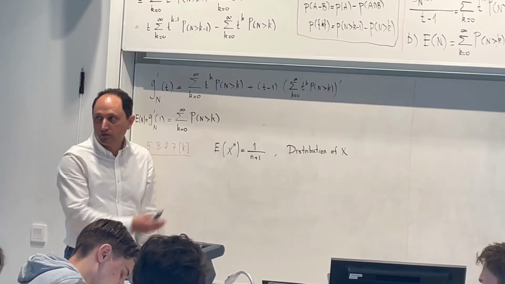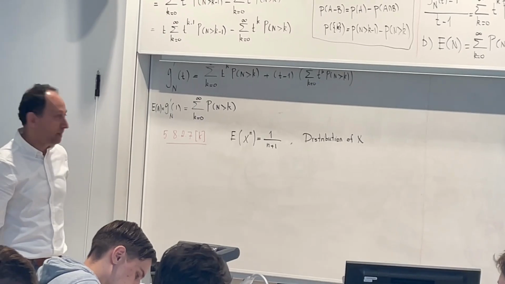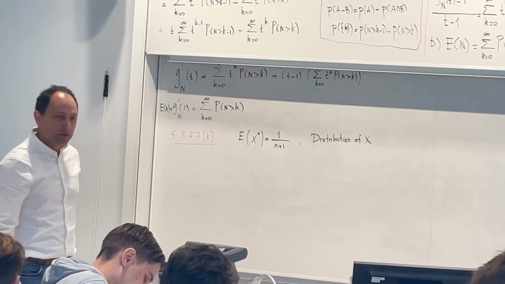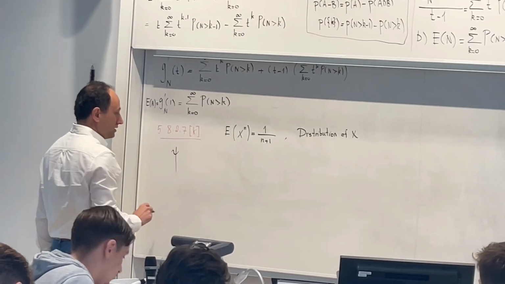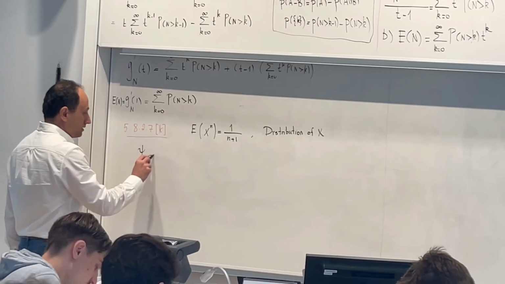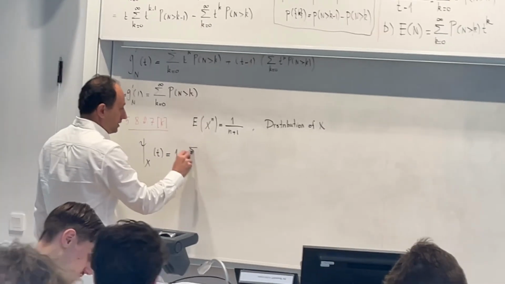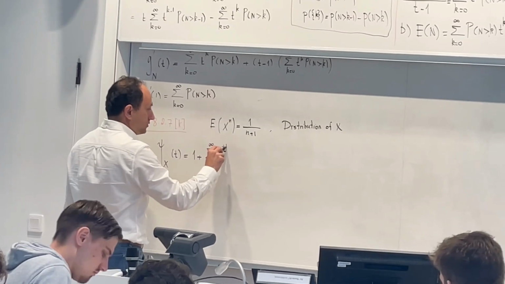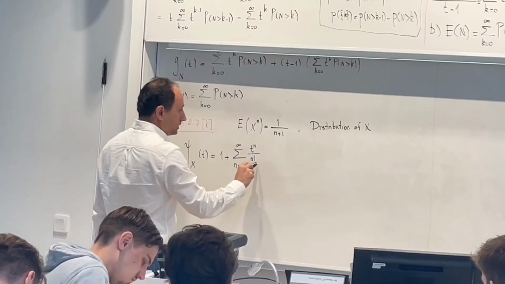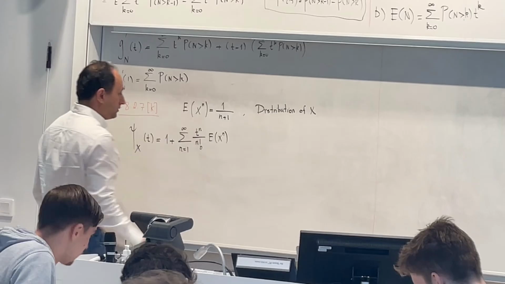So what is the standard trick here? Do you remember what it was? Moment generating function. And then we have this formula that I just did yesterday on the board. So we can write it as 1 plus sigma, n starts from 1 to infinity, and then I have t to the n divided by n factorial, and then I have this expectation value of X to the power of n.